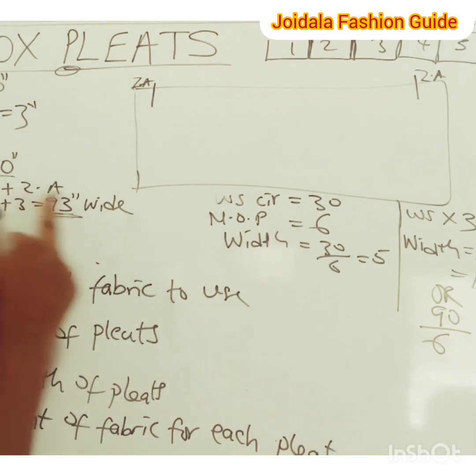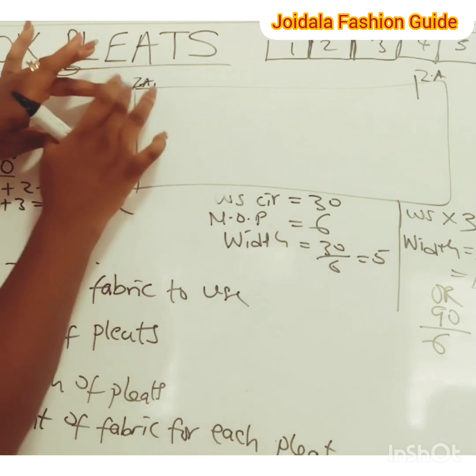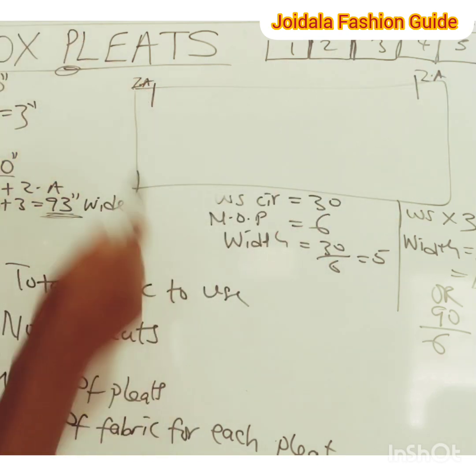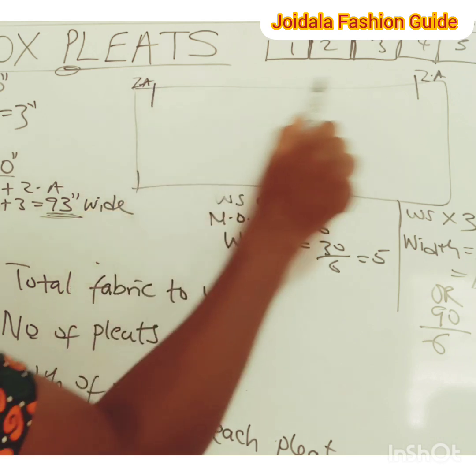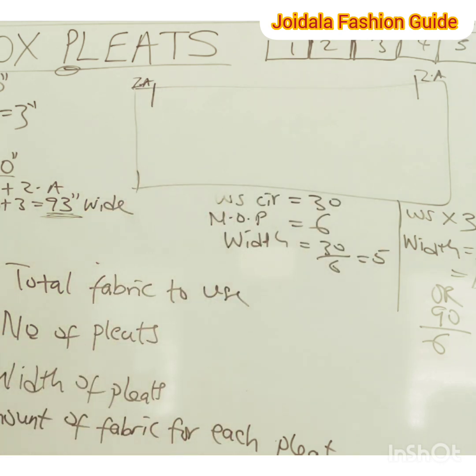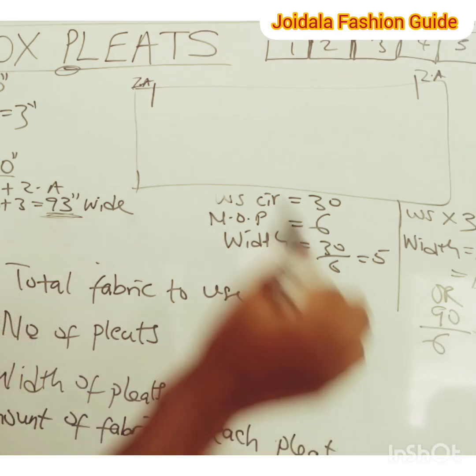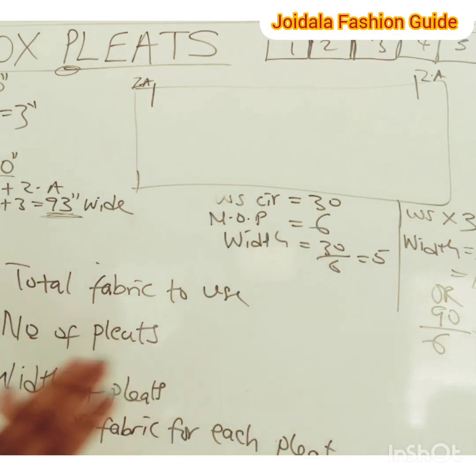I will not add the zipper allowance because the pleats will not get to the zipper allowance. I will only consider the waist area that we are multiplying. So that will be 90 divided by 6, and that is 15. So for each pleat I need 15 inches.